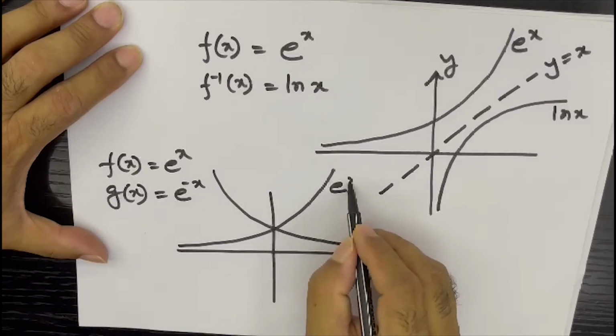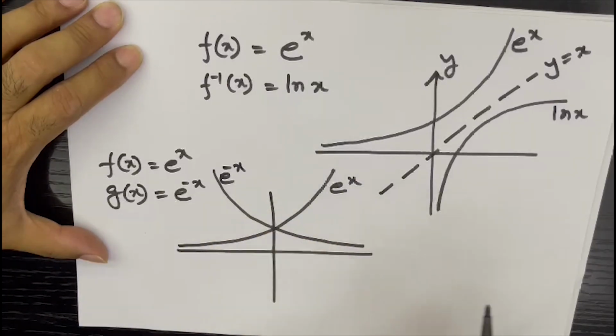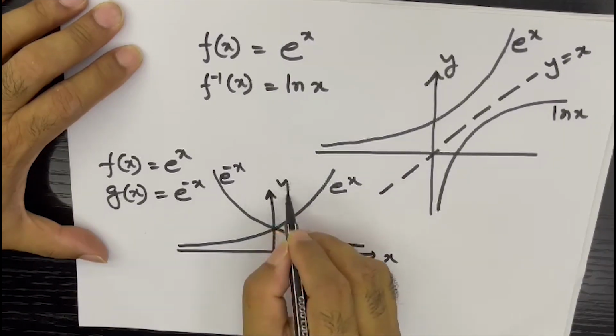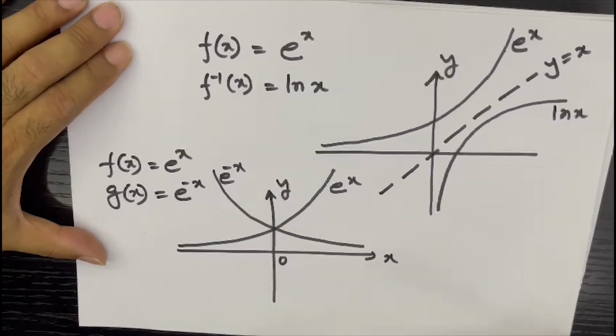This one is e to the power x, e to the power minus x, and this one is the y-axis. So this is the basic graph of an exponential function.